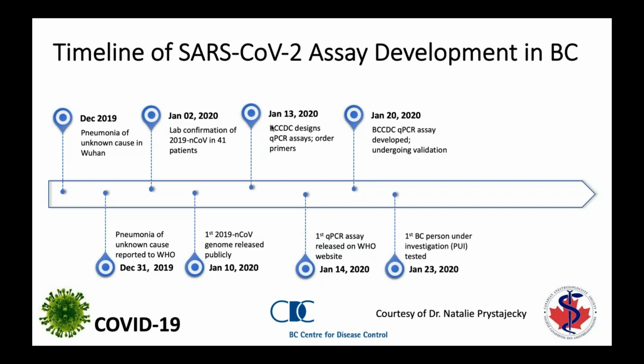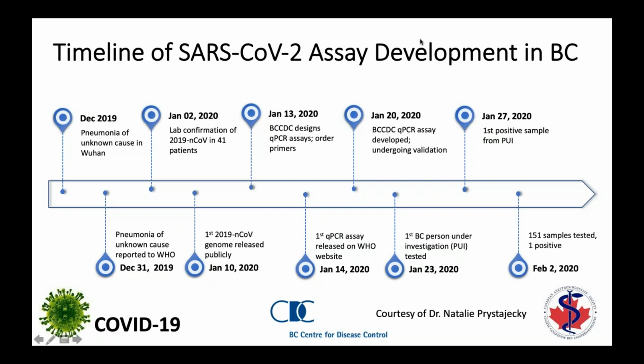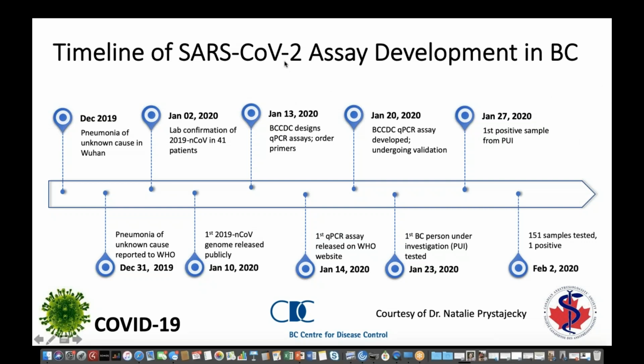By January 23rd, we had the first person under investigation identified, returning traveler from Wuhan with fever that was submitted to the testing, and our first positive was detected on January 27th. And by February 2nd, we were testing more samples in British Columbia than the entire USA for various other reasons I won't go into today.